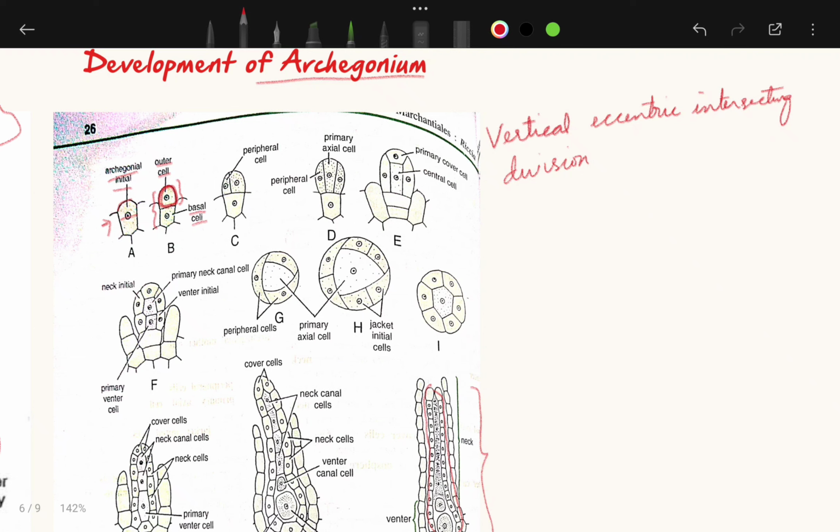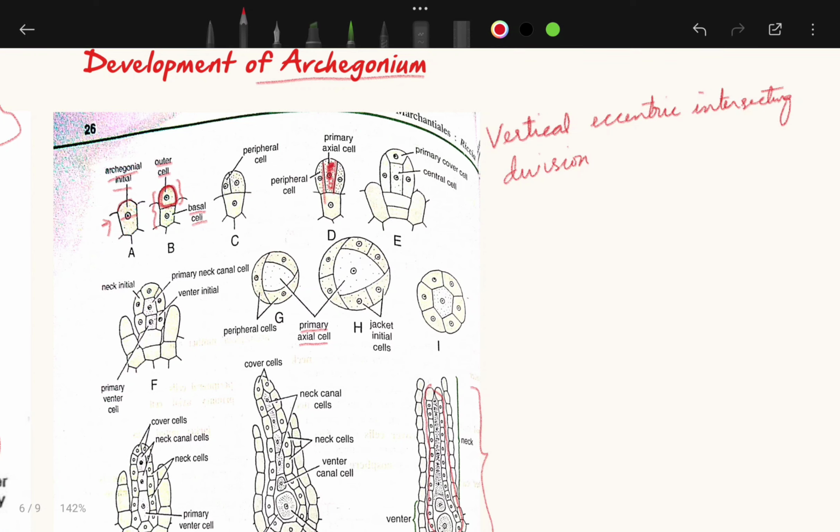From the side view it will look somewhat like this, but from the top view it will undergo 3 vertical divisions in this manner, and that will give rise to 3 peripheral cells. This region here will be known as the peripheral cells, and then in the middle you will find the presence of a primary axial cell. This is the primary axial cell from the side view, and then from the top view this is the primary axial cell.